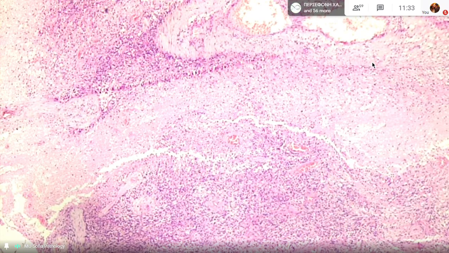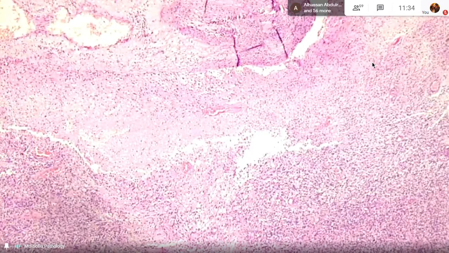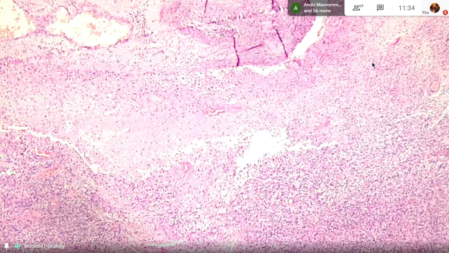Do you see how serpentine-like, geographic type, the necrotic area is? Do you see it? And look that just next to it, the viable tissue and the necrotic area are very sharply outlined.